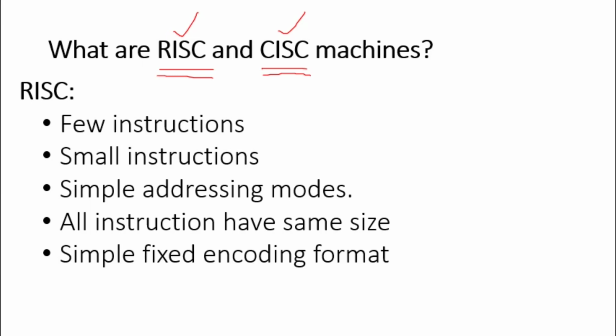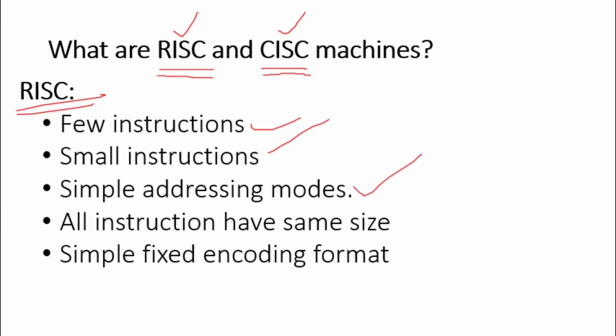Now let us see what a RISC machine actually is. RISC means reduced instruction set computer, where the processor supports only a small number of instructions, like 100, 150 or 200, and all instructions are very small. That means when you convert them into binary, or when you encode them, they consume less space, for example 32 bits, not more than 32 bits.